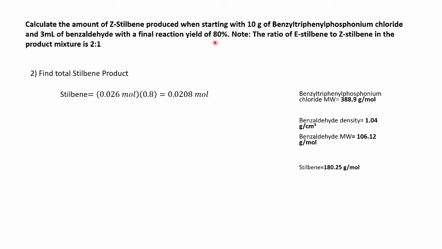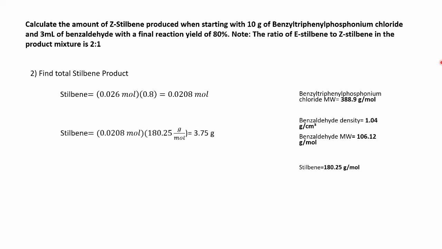That means that of the limiting reagent, 80% of it was actually converted into product. So we multiply the amount of our limiting reagent times 0.8 for 80%. 80% of our limiting reagent is about 0.0208 moles. So that means we should have produced 0.0208 moles of stilbene.